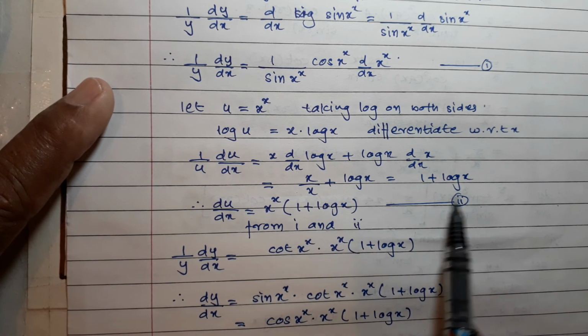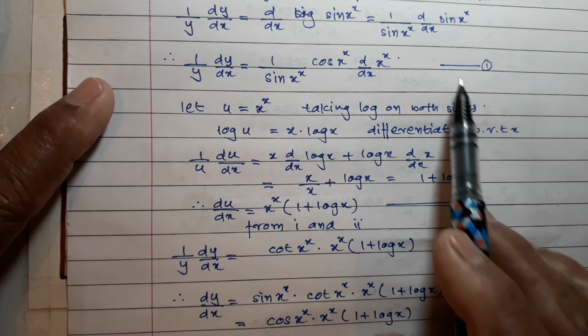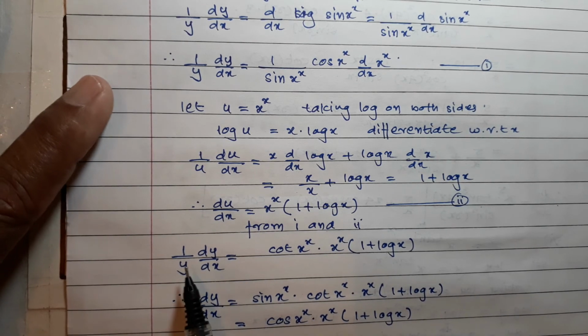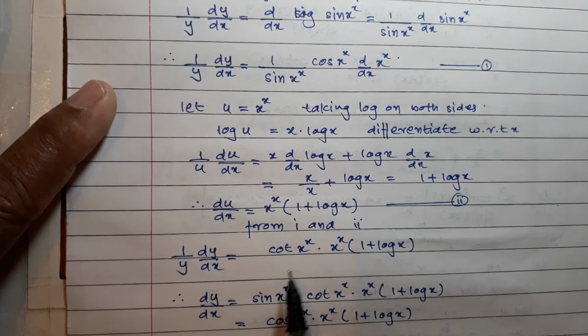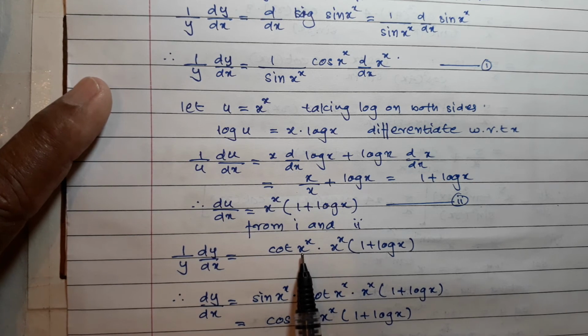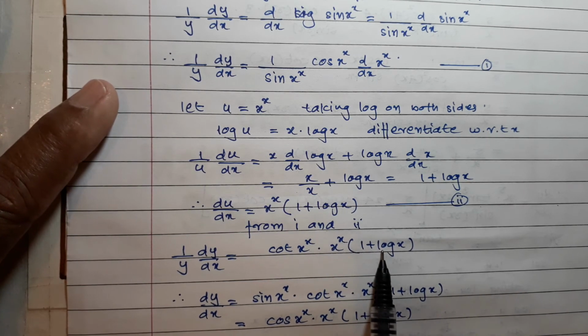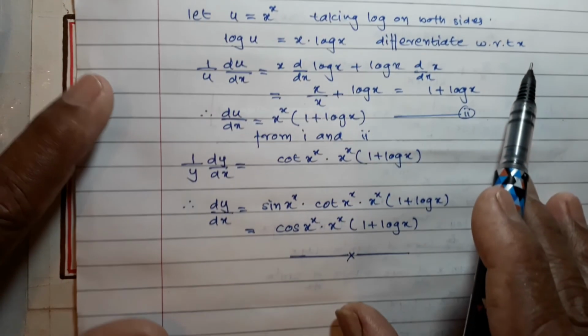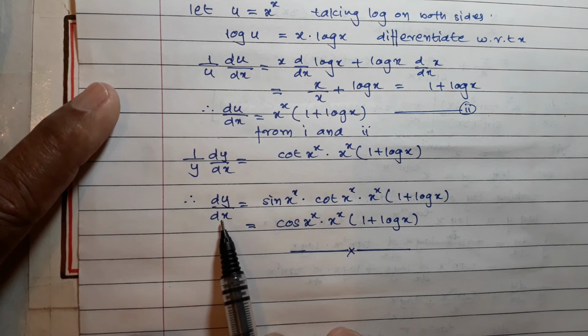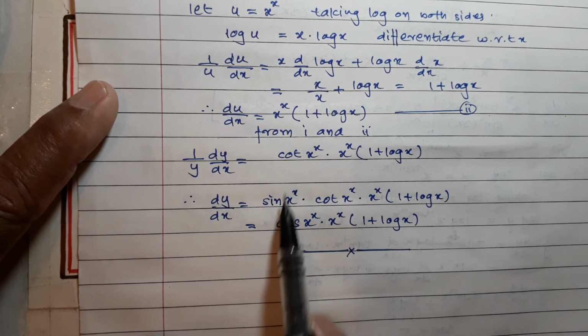Now this is statement number 2, this you substitute here. So 1/y dy/dx = cot x raised to x into x^x into bracket 1 plus log x, and therefore dy/dx is equal to, this y you transfer on this side.